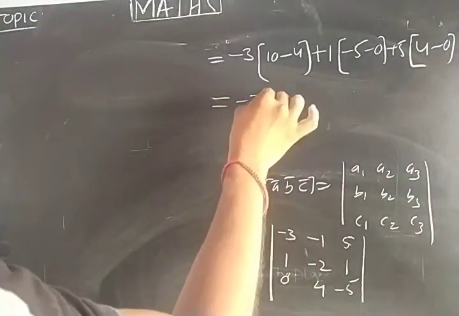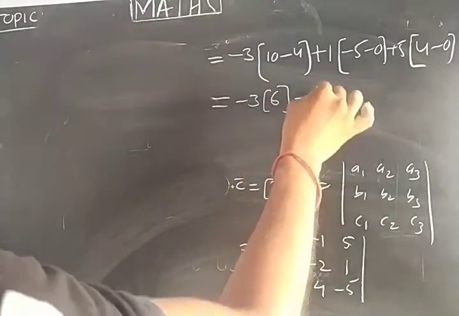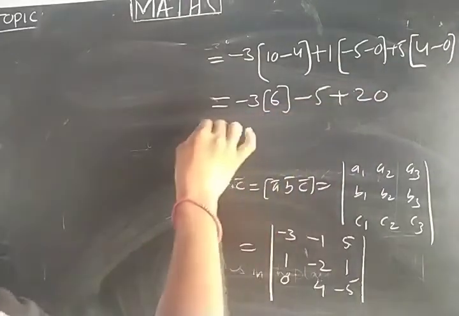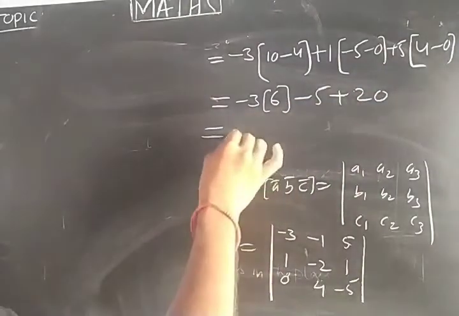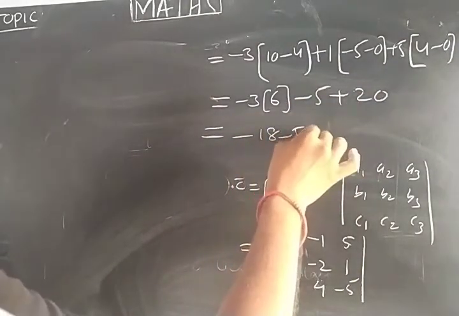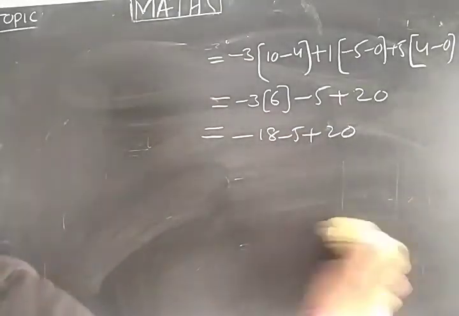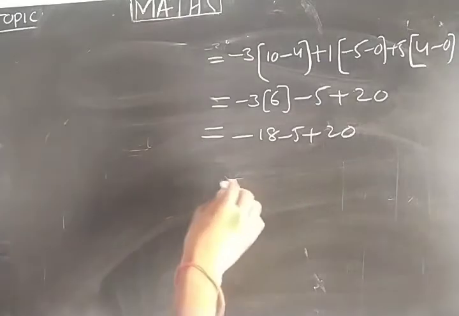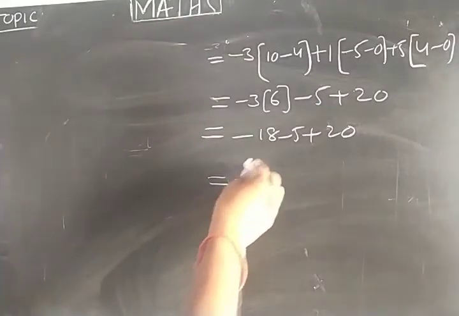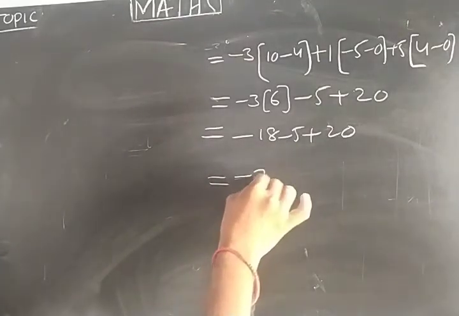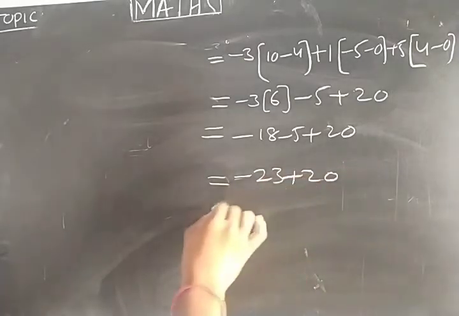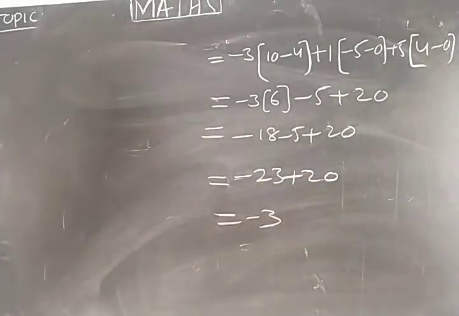So minus 3 into 6, minus 5 plus 20. 18 minus 5 plus 20 is equal to, what you will get, minus 23 plus 20 will give minus 3. This is the scalar triple product, example 1, right?